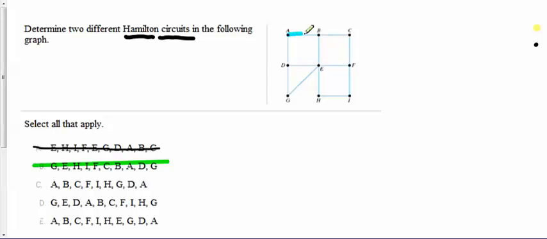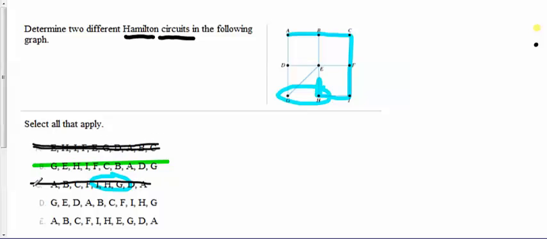C, we begin at vertex A, then we go to B, then we go to C, F, I, H, it says down here go to H to G, but you notice there is no edge from H to G. So we can't make up edges if they're not there, so C will not be a correct answer, since there is no edge from H to G. So let me take my pen and cross off C. So we crossed off A, and we crossed off C, because C is not a valid circuit.